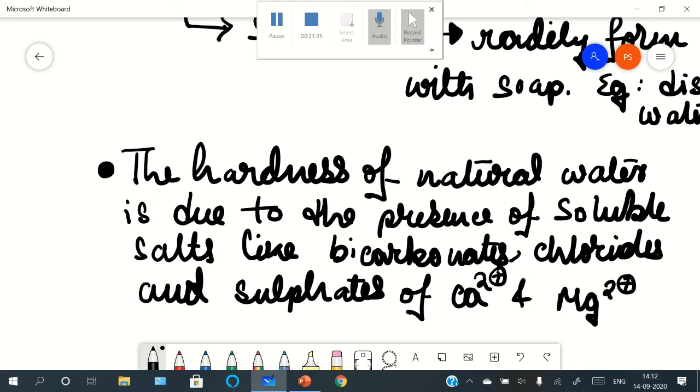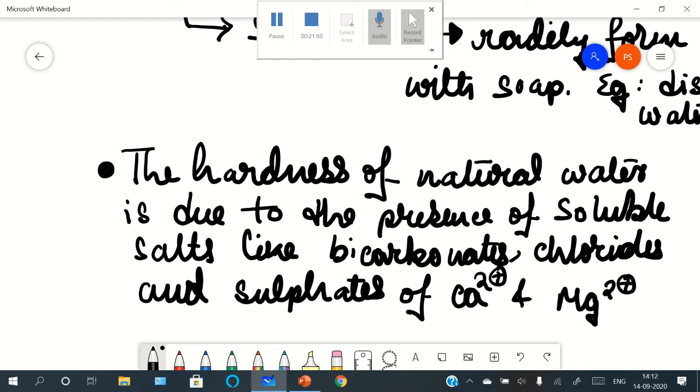Now there are various methods by which this hardness of water can be removed. One of them is temporary removal of hardness. This can be done by boiling the water.